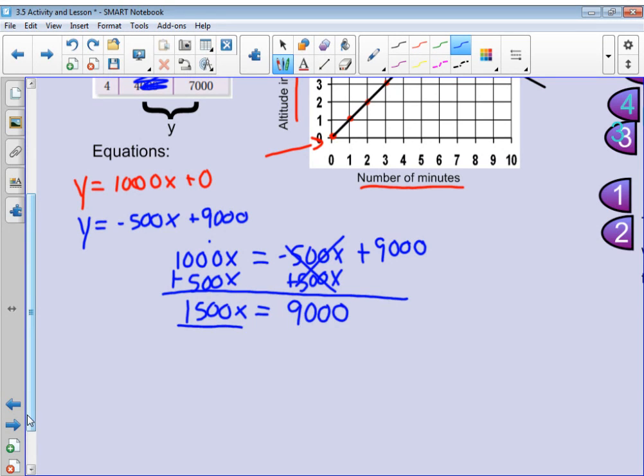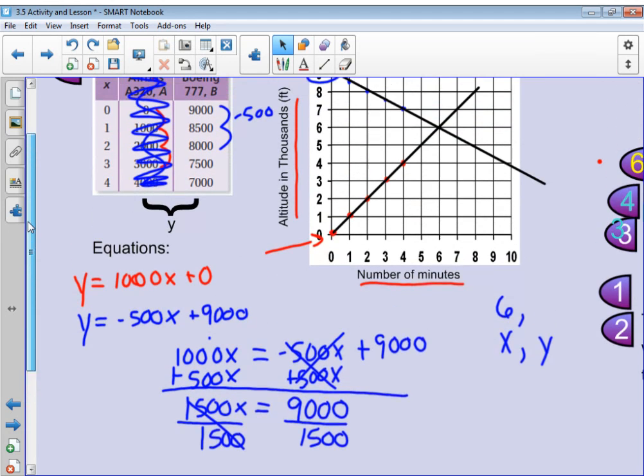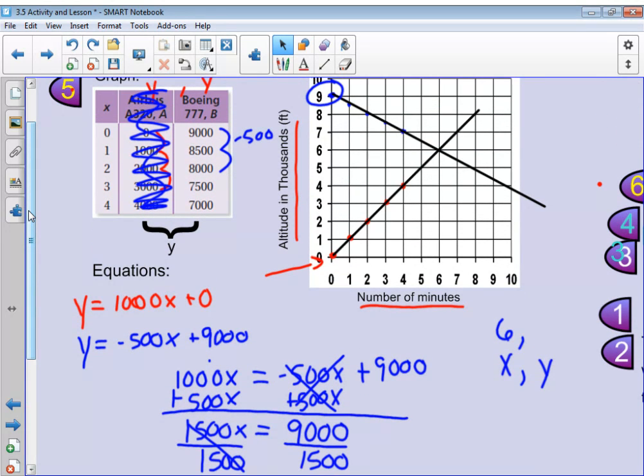So now we'll divide by 1,500. 9,000 divided by 1,500 is going to give me 6. So I was right that my x would equal 6. So my x was 6. And it looks like on my graph that it was 6, 6,000, but I'll double check that.